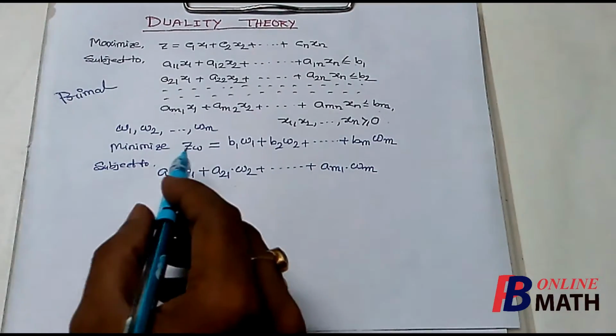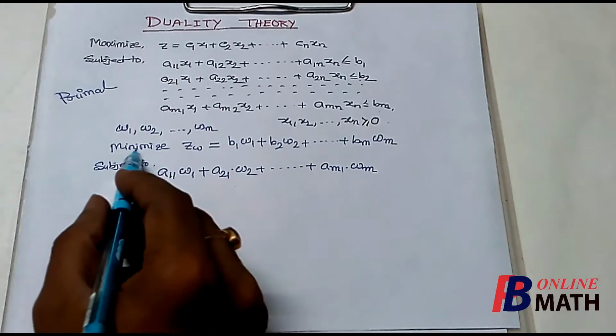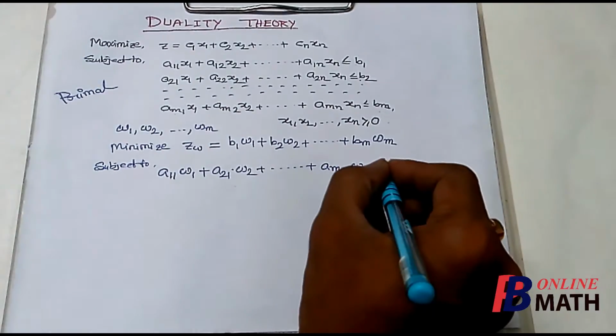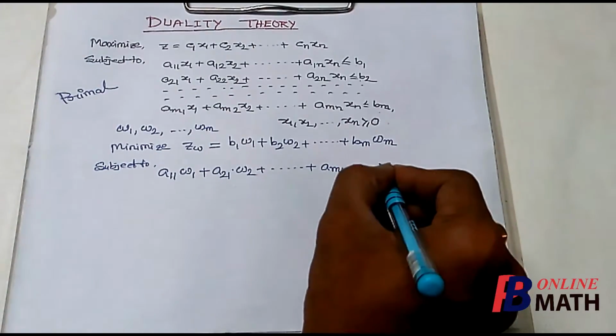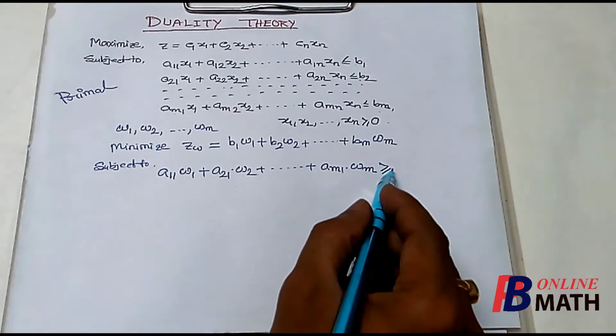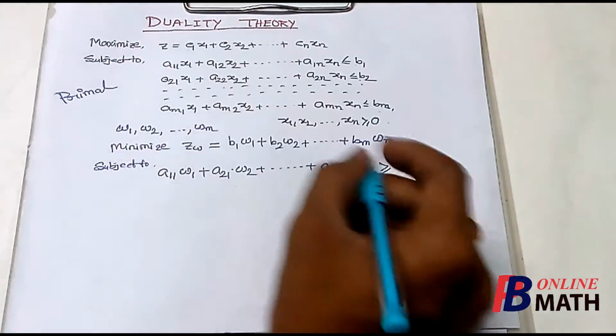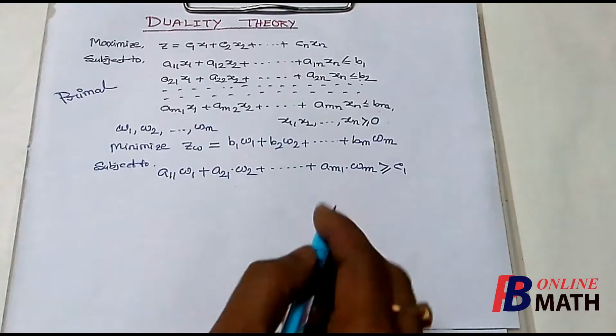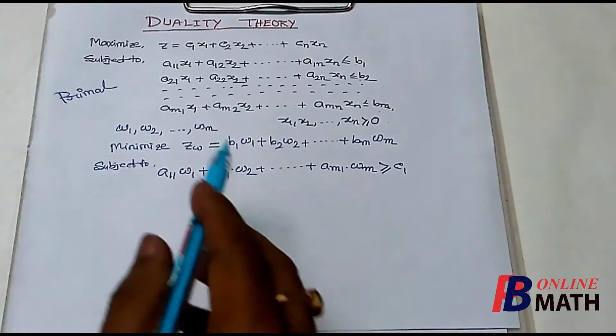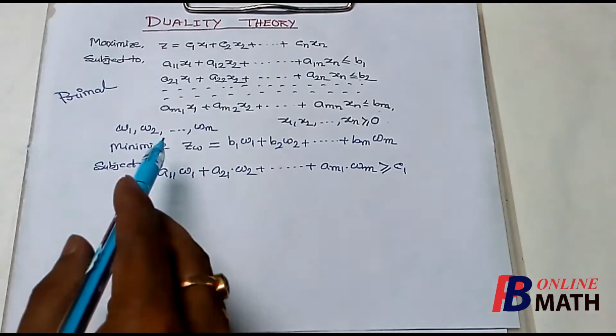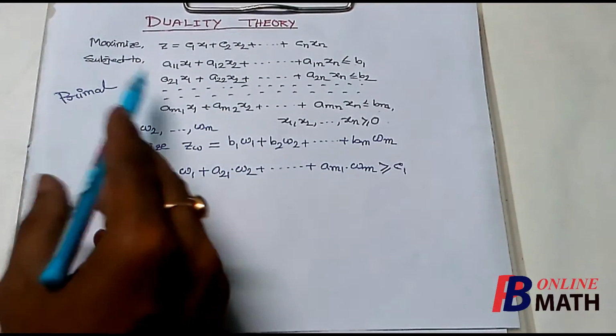Since it is a dual problem and this is a minimization type, the constraint will be greater than or equal to type, and the value on the right hand side will be the first cost value, which is c1. So this is the first constraint of the dual of this primal problem.